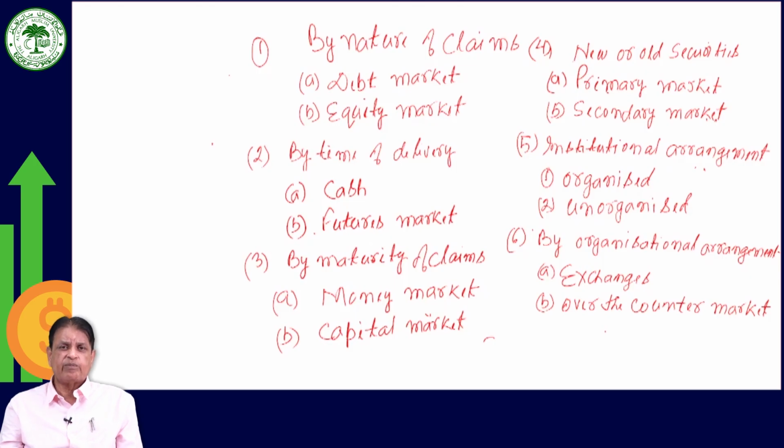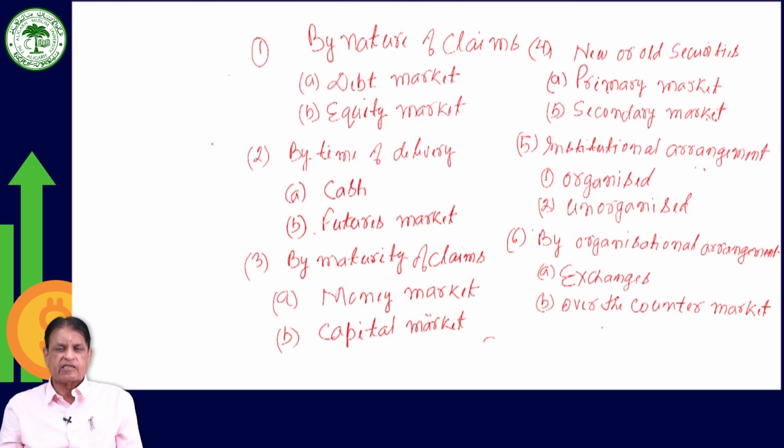They can provide customized services, and there are no timings for this trading. It may take place during daytime or night time, and the securities traded in this market are those which are not listed in stock exchanges. So usually the securities of small firms are traded in the over the counter market.